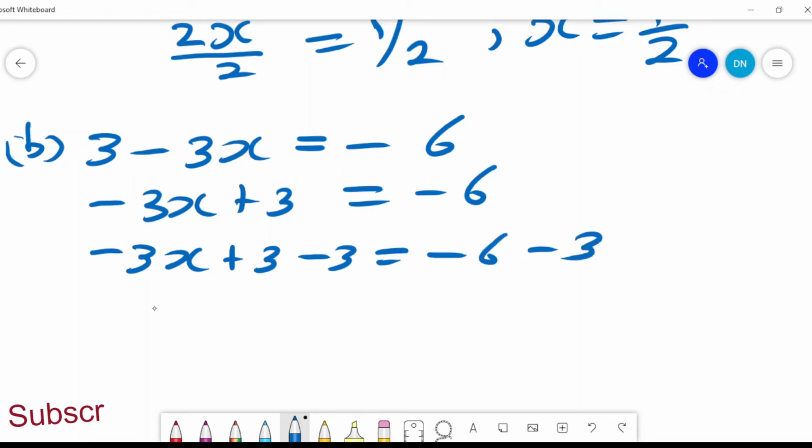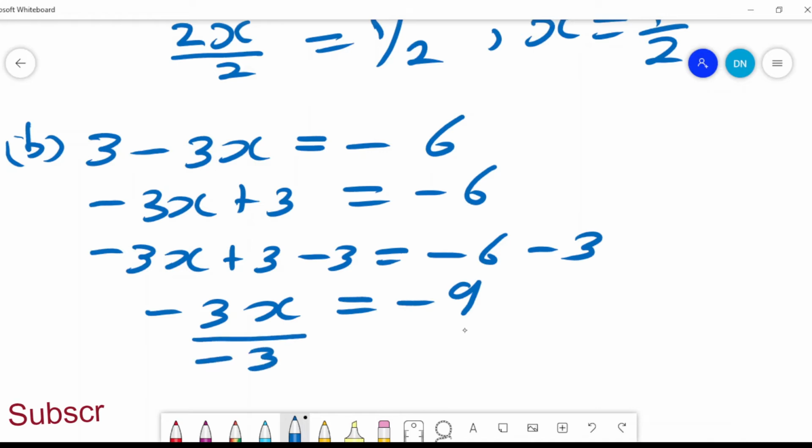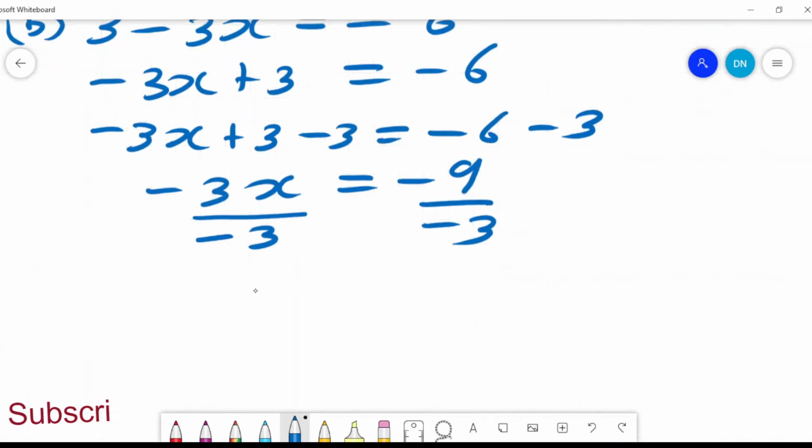So 3 minus 3 is 0. So minus 3x is equal to minus 9, because minus 6 minus 3 is negative 9. If I divide through by negative 3, then I'll be able to get the value of x, and therefore x is equal to 3. And that gives us another example.